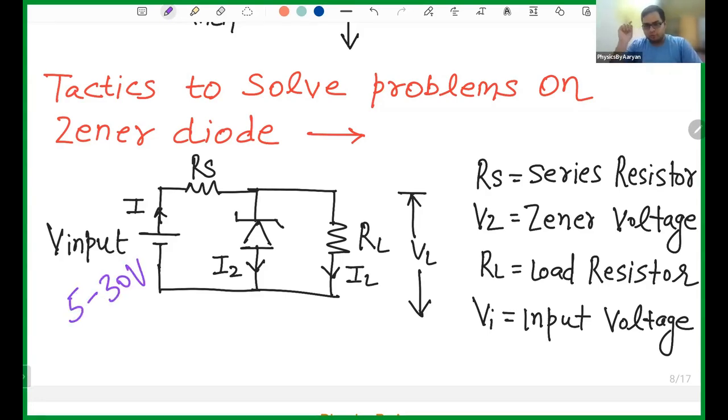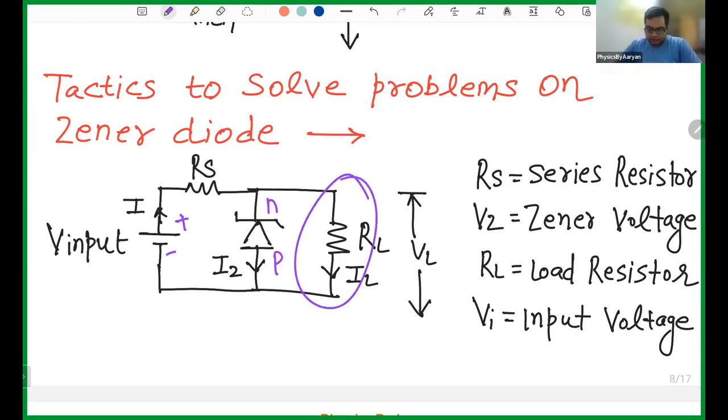So there will be some input voltage. There will be some series resistor. There will be a Zener diode, which is reverse biased. The positive side is connected to N, and the negative is connected to P. So this is reverse biased. Zener diode always works in reverse bias.